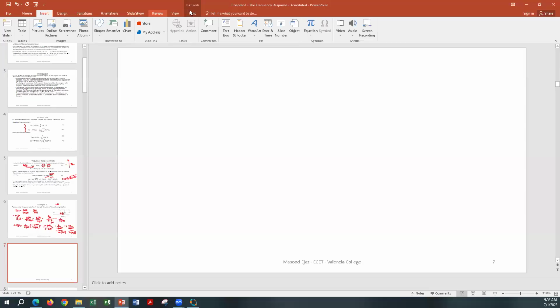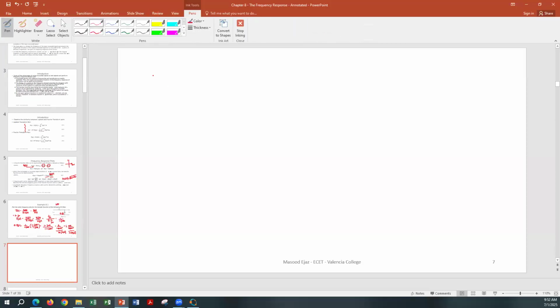Okay, so we are plotting the polar plot, that is real versus imaginary. Let's write down: real of T of j omega is 1 over 1 plus omega RC squared, and imaginary of T of j omega is negative omega RC over 1 plus omega RC squared.